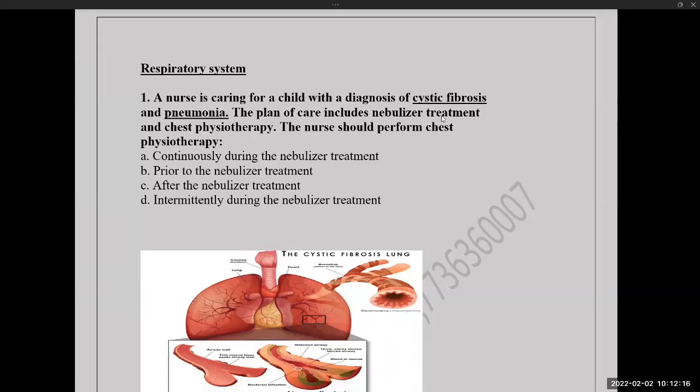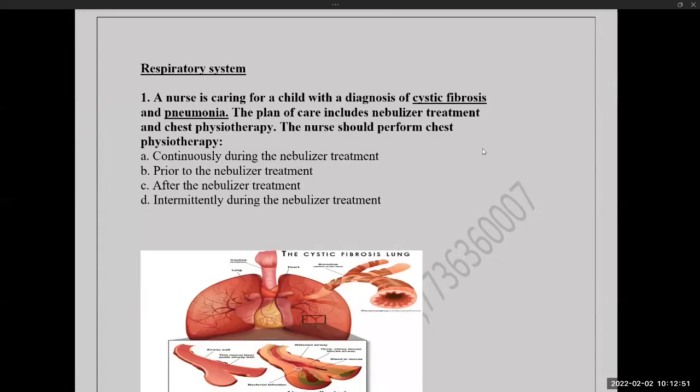Whenever you get a question related to pneumonia, you have to just imagine it is fluid accumulation within the alveolar space and it causes thick exudates and gas exchange alters. Ultimately, these secretions will be expelled out in the form of cough and sputum. So the color of the sputum always determines the affected site of pneumonia, whether it is on the bronchial area or on the lobar area.